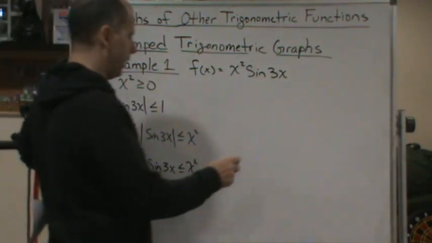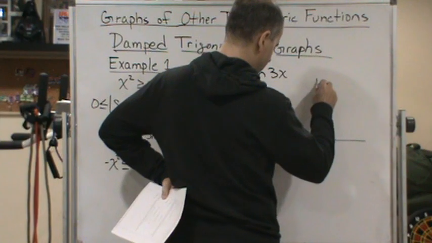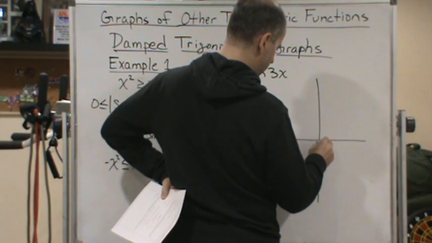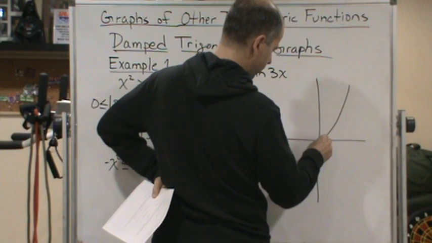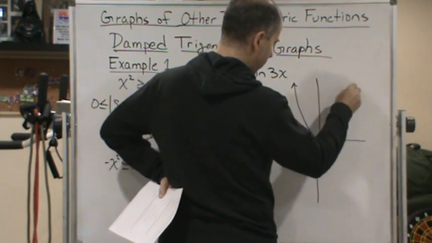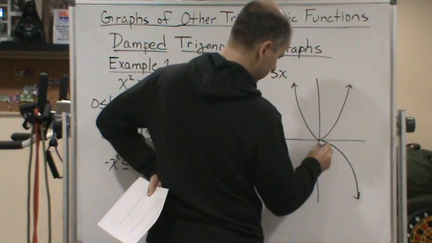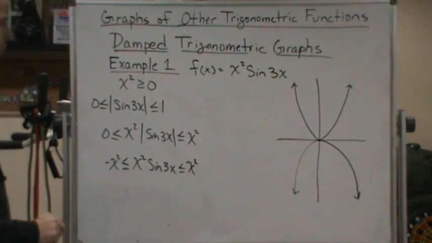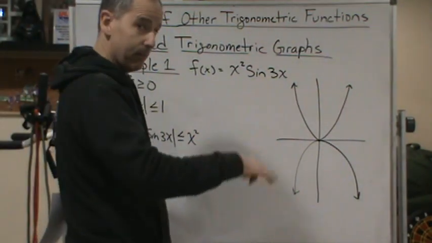So right away we have something that looks like this, two parabolas. And the sine function is going to bounce in between those.